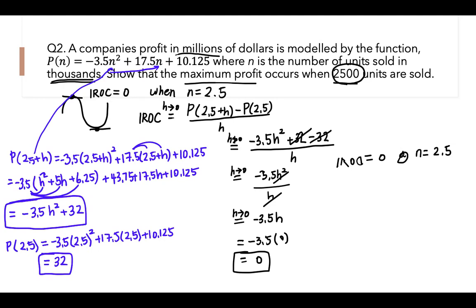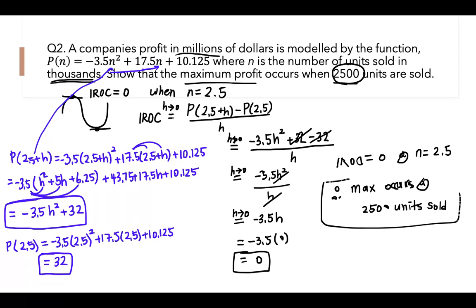So therefore, we can say that the maximum does occur when they sell 2,500 units. Okay, and that is my final answer.